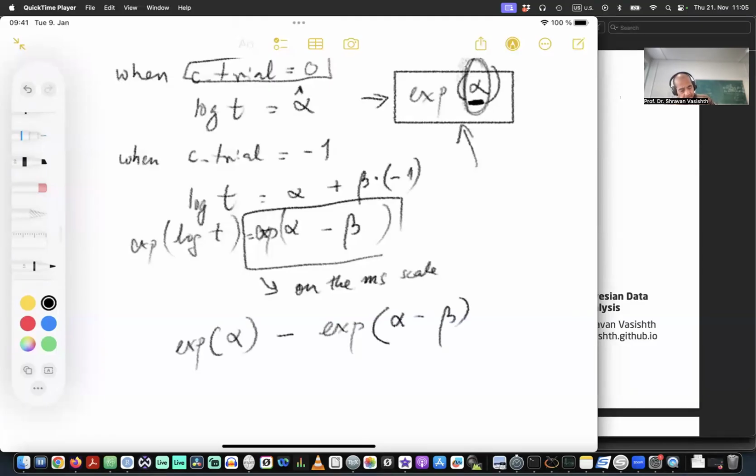exp(alpha) minus exp(alpha minus beta), what this gives me, on the millisecond scale, is the expected change in button pressing time as I go from the trial ID preceding the average trial ID to the average trial ID.